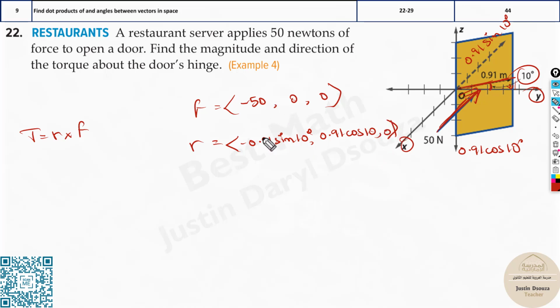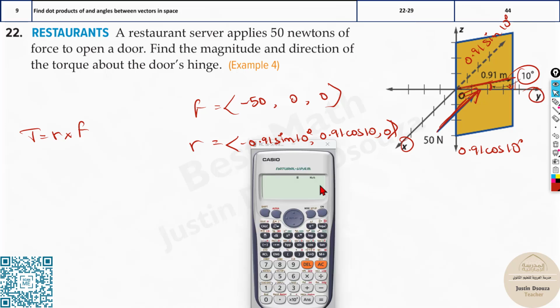Now we have the two things, r and F. Now you just have to find the cross product. Since it's an electronic part, I'll just do it in the calculator here. In order to solve the cross product r cross F in the calculator, you need to use mode and 8. That must be in vector mode. And you need to put in the first vector. Let me choose vector A as r.